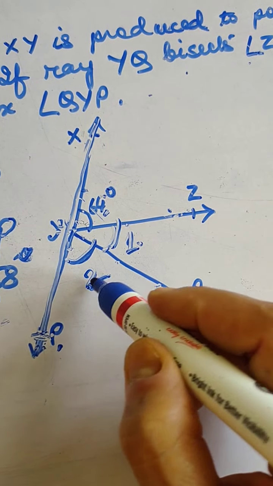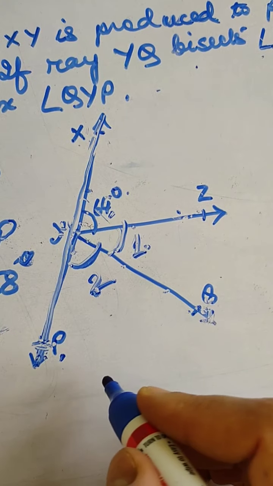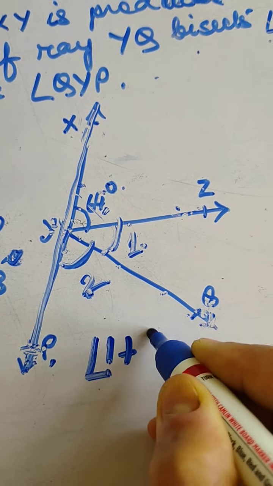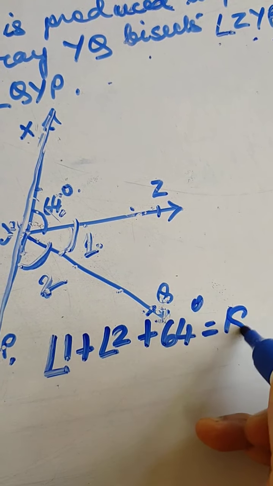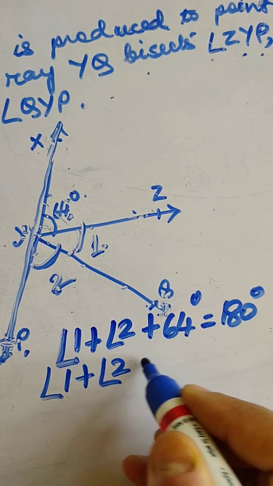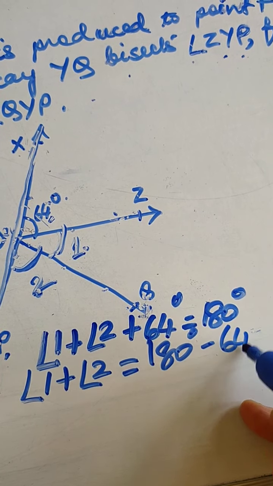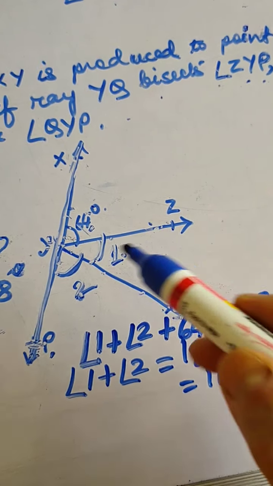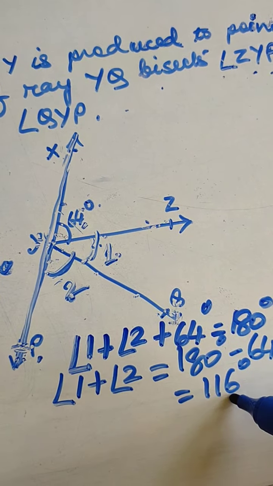We get here a linear pair. So we can write angle 1 plus angle 2 plus 64 degree equal to 180 degree. So then angle 1 plus angle 2 is equal to, you take 64 degree that side, that gives you 116 degree.